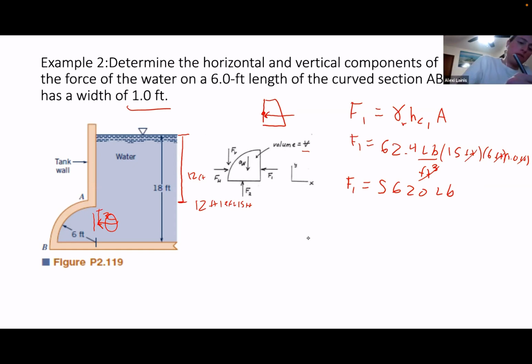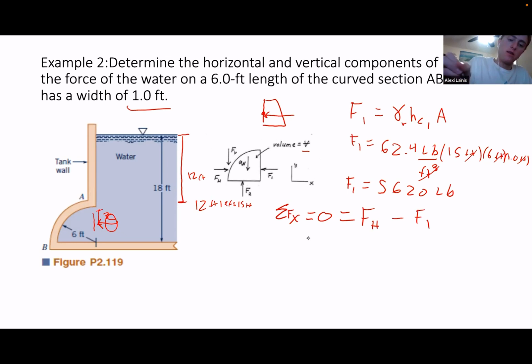The sum of the forces in the x direction is going to equal 0 because the thing's not moving. We're just going to use the convention that forces that go to the right are positive and forces that go to the left are negative. That's kind of arbitrary. So we have FH, force horizontal, going to the right, and F1 going to the left, so we'll go minus F1.